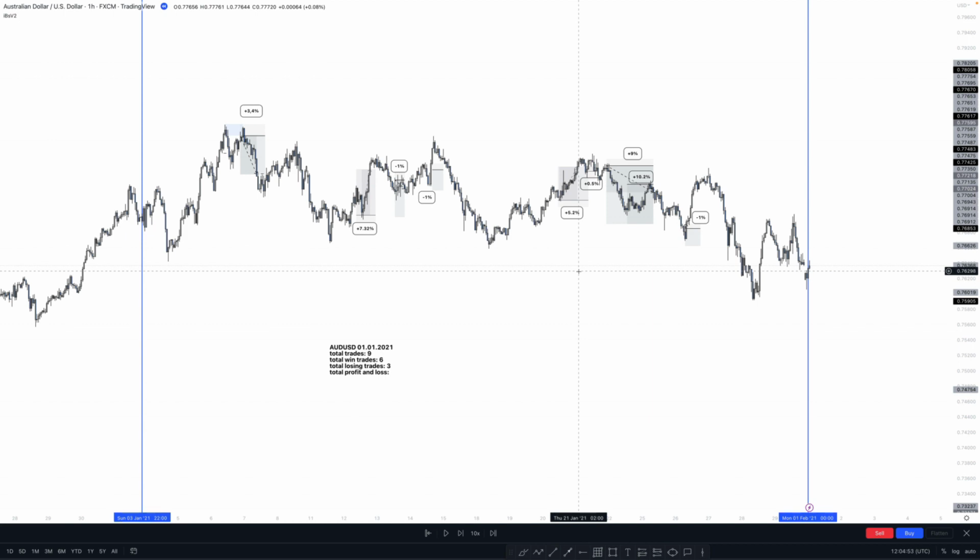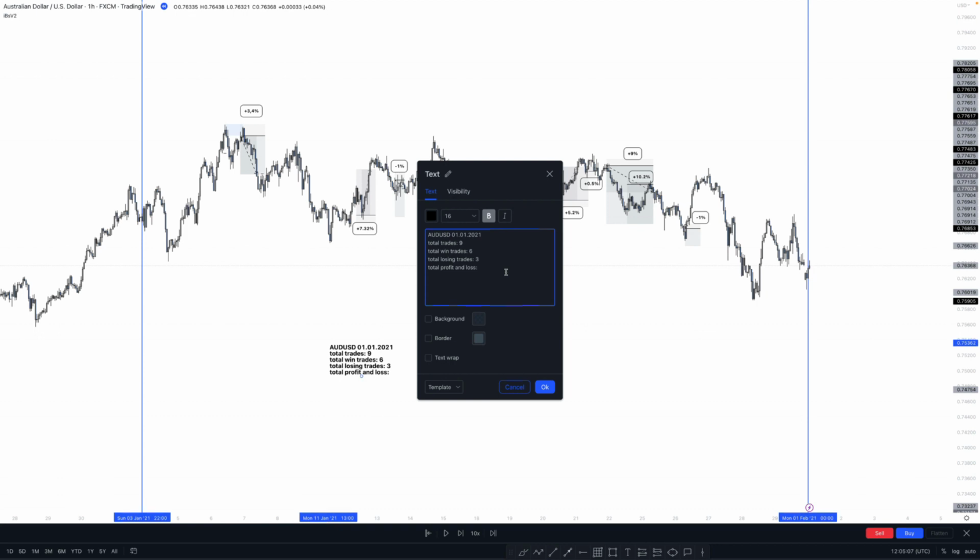So we had 35.62% plus, and minus 3% in 3 losses. So our total profit and loss here was 32.62%. It's crazy for 1 month.